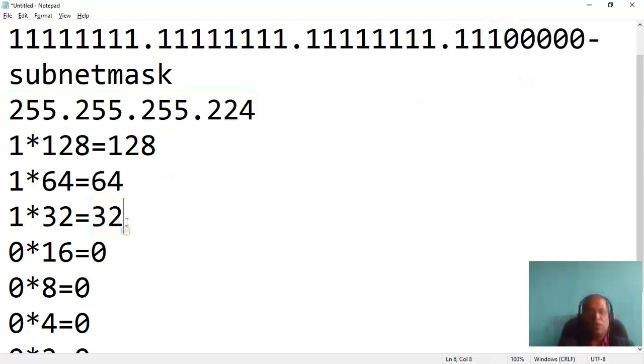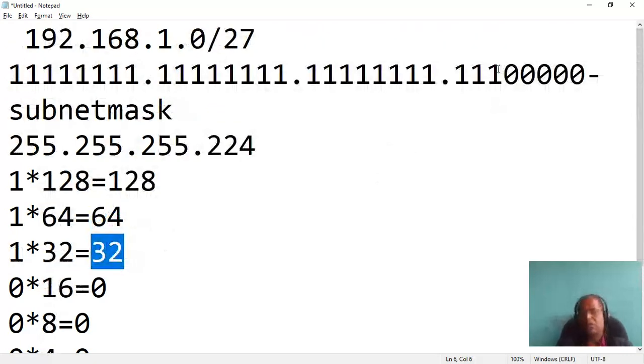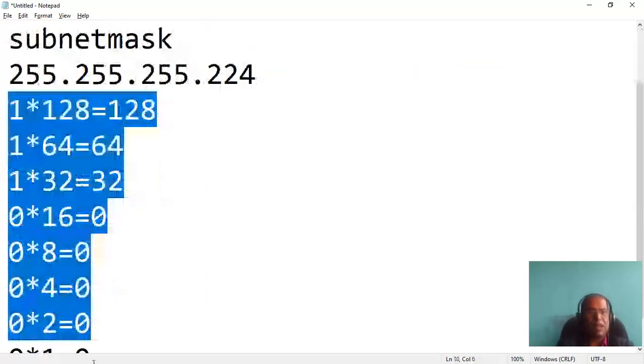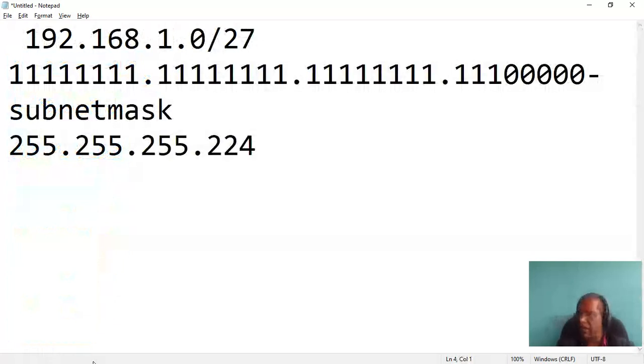So 32 is the number that is going to be a clue for us, with which we are going to divide this given network into a number of subnets. That means each subnet will have 32 hosts in this given IP address. So let me divide these networks into subnetworks.